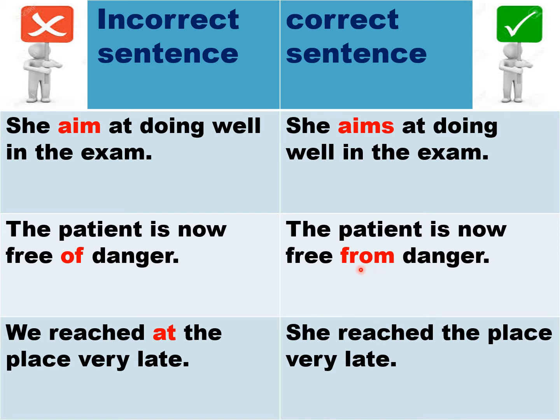Free from danger, free from risk, free from disease, free from injury are correct. The patient is now free from danger is right. We reach at the place very late. Here, there is no necessity for this preposition at. She reached the place very late is correct.